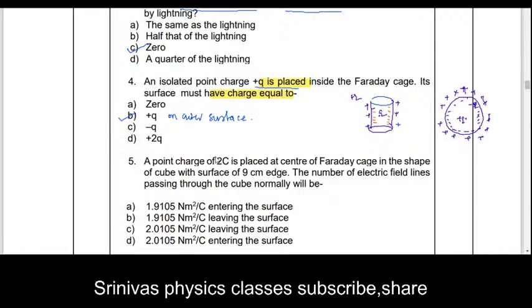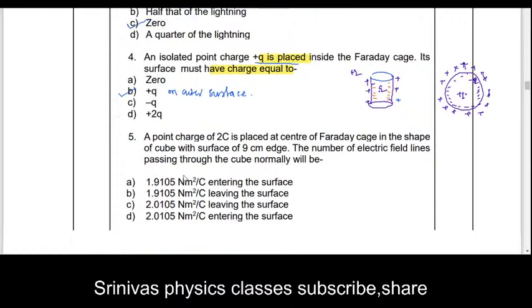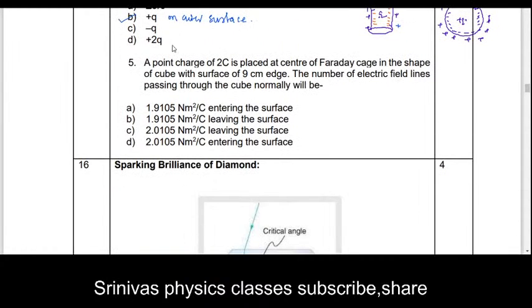Next question, the fifth question. What are they asking here? A point charge of 2 coulomb is placed at the center of a Faraday's cage in the shape of a cube. The number of electric field lines passing through the cube is what?